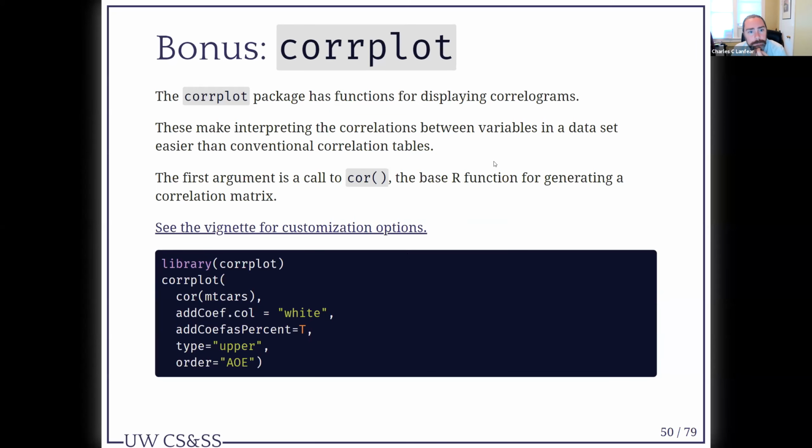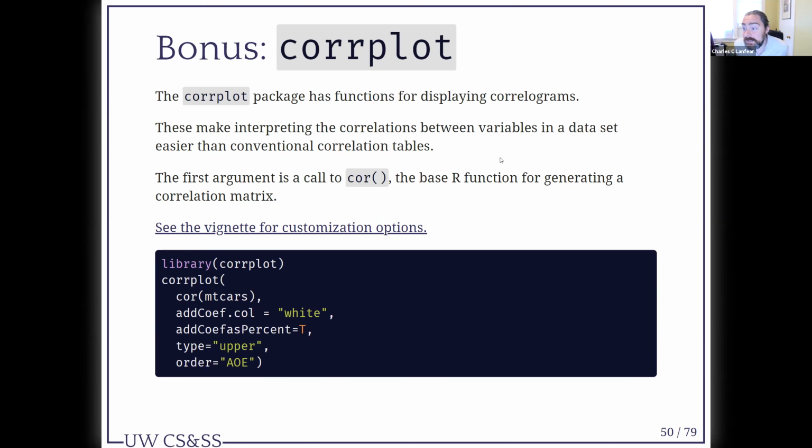Okay, next one. This is a really handy package. This package is corrplot. Corrplot does one thing, and it does it really well. It generates correlograms. Correlograms are essentially a visualization of a correlation matrix.